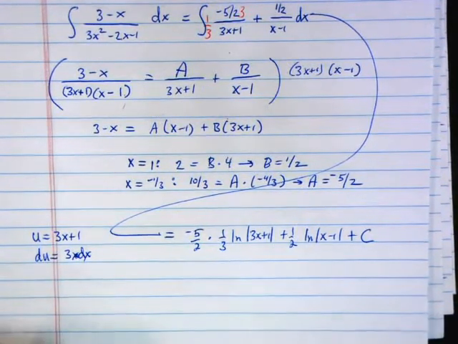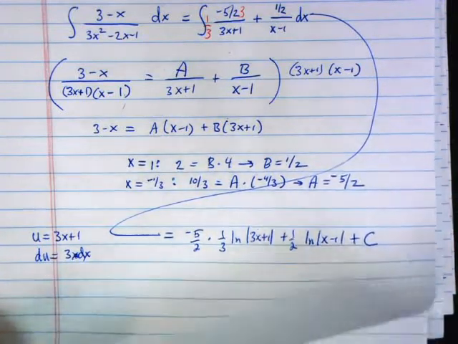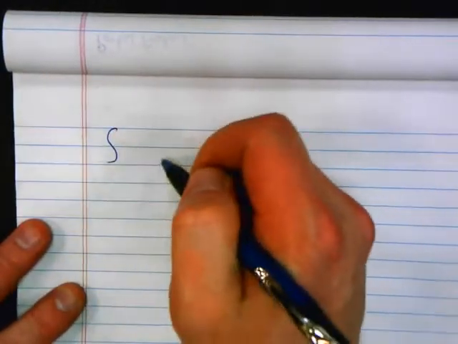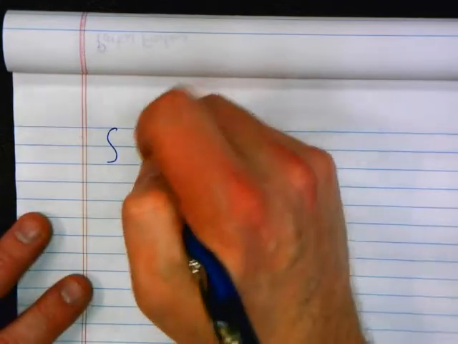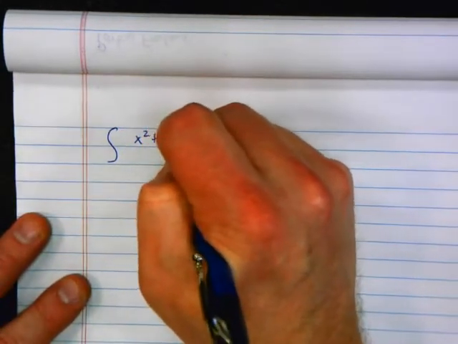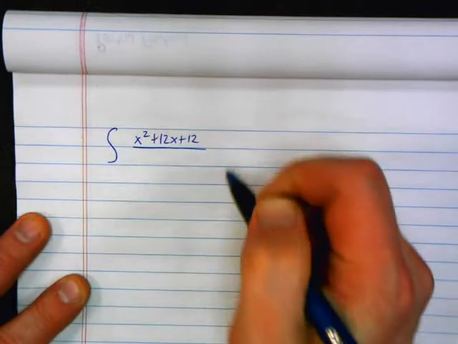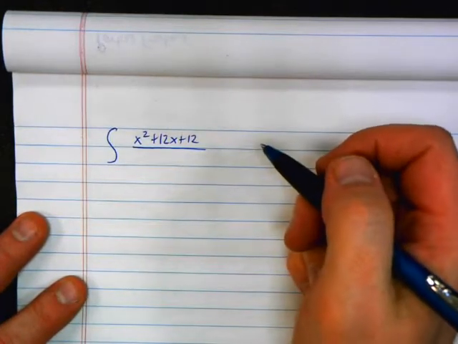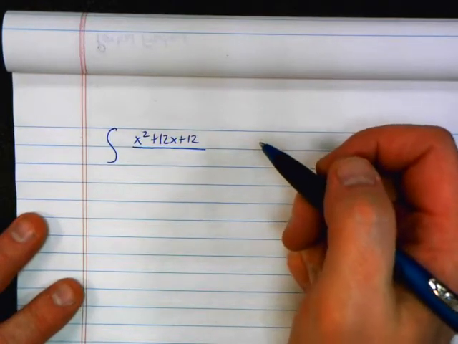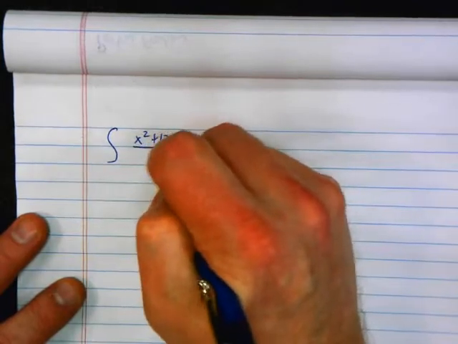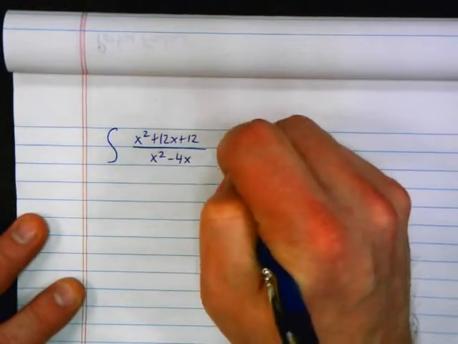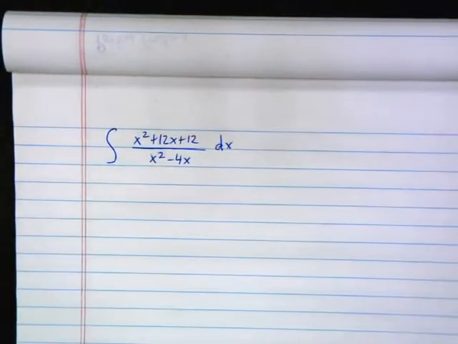All right, what about, find some hard ones here. Oh boy. The integral of x squared plus 12x plus 12 divided by x squared minus 4x dx.